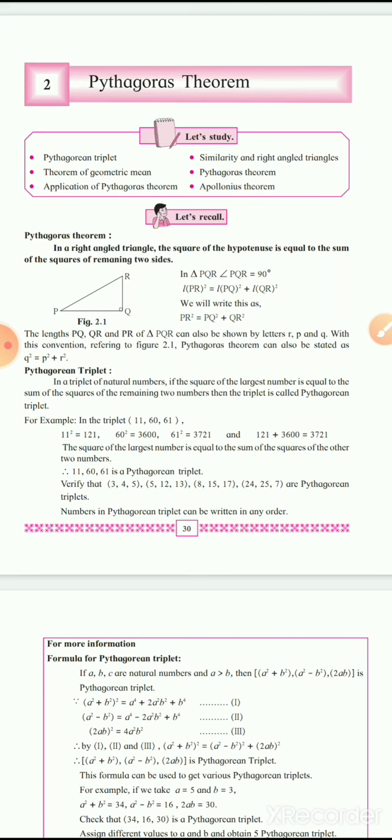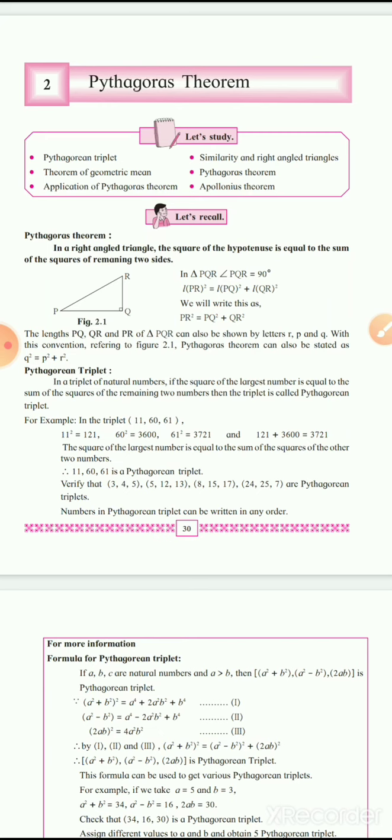Now the largest number here is 61, so its square is 3721, and the sum of the squares of the remaining two numbers, means 121 plus 3600, is equal to 3721, means it is equal to the square of the largest number.